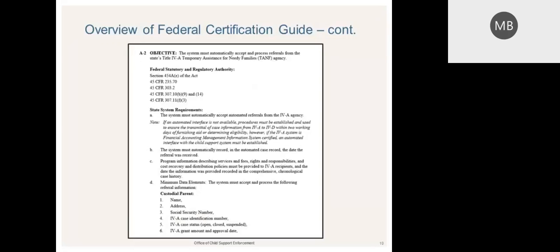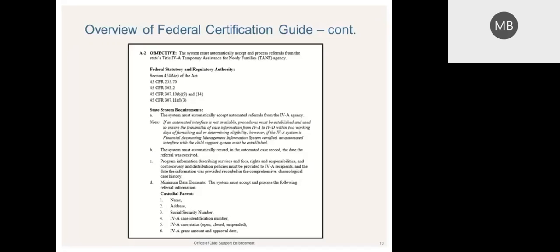A second example of the guide. Again, the guide starts with a requirement description. A2 objective: The system must automatically accept and process referrals from the STIC's 4A agency of existing needy families. This is the 4A-4D interface.